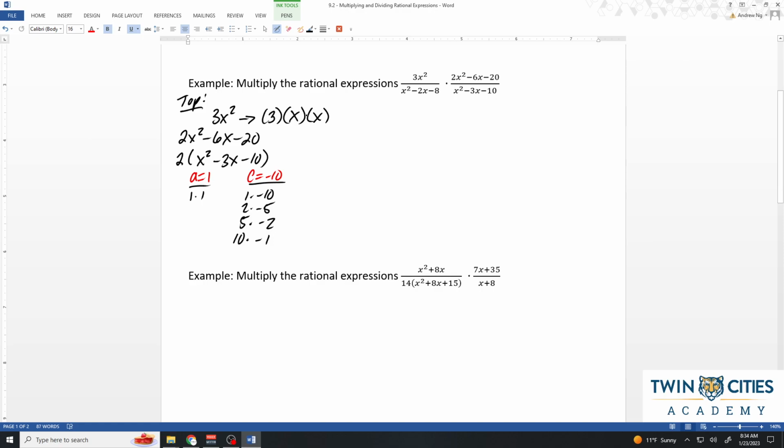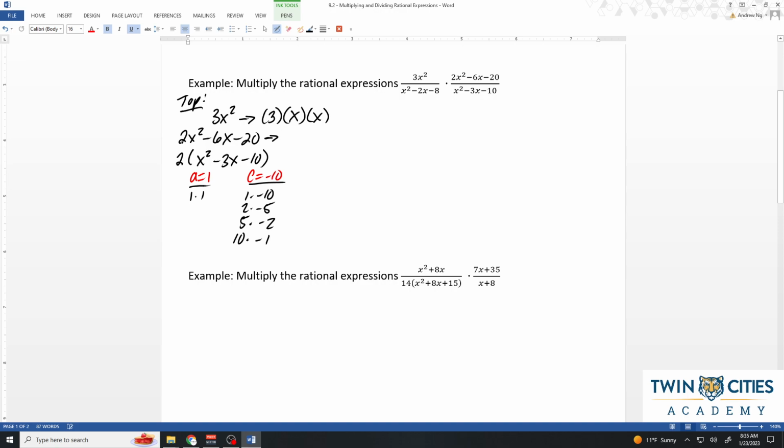Now I'm trying to get negative 3x out of this. My trick for A equals 1 is I can just add these together to see which one makes negative 3. 1 plus negative 10 is negative 9. 2 plus negative 5 is negative 3. So it's 1, 1, and then 2, negative 5.